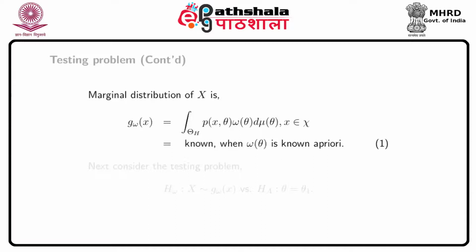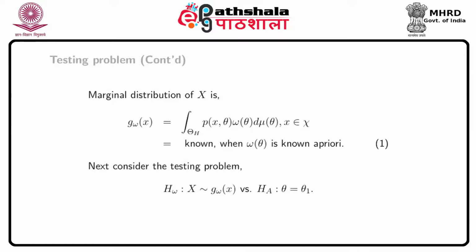The marginal distribution of x is then given by g_w(x), which is equal to the integral over Ω_H of p(x, θ) w(θ) dμ(θ), where x belongs to script X, and this is a known quantity when w(θ) is known a priori.